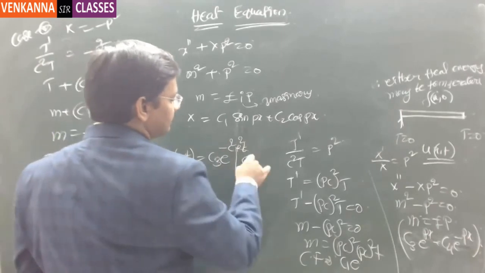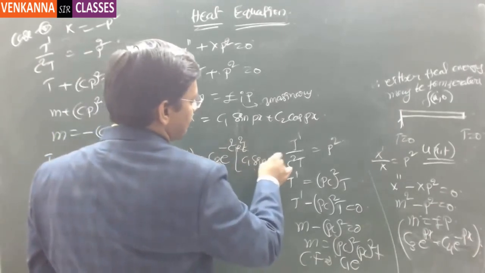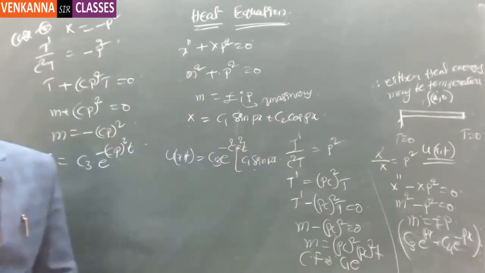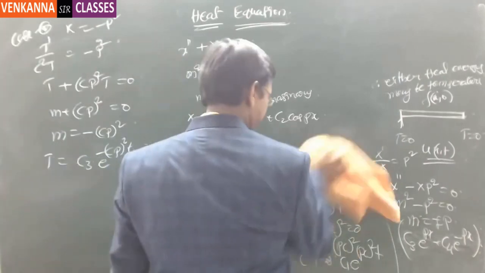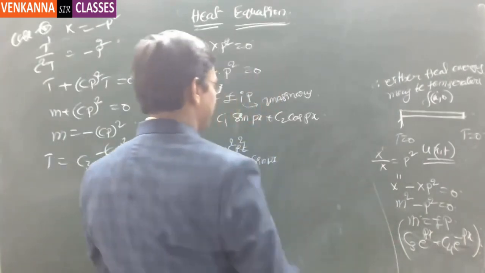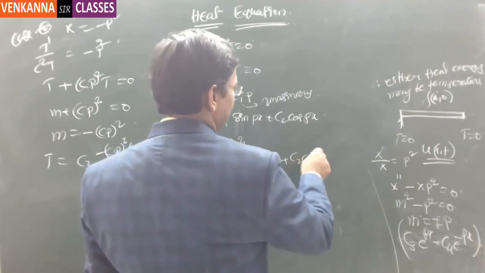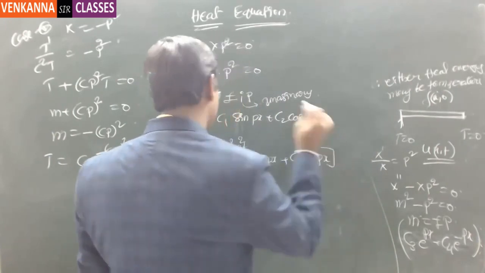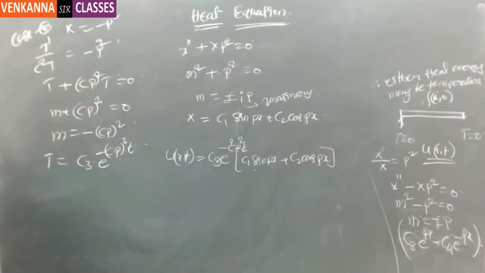Now the final solution is u of x comma t equal to c3 e power minus c square p square t multiplied by c1 sin px plus c2 cos px. So this will be the preferred equation. Anyway, I am going to solve it for the next one.